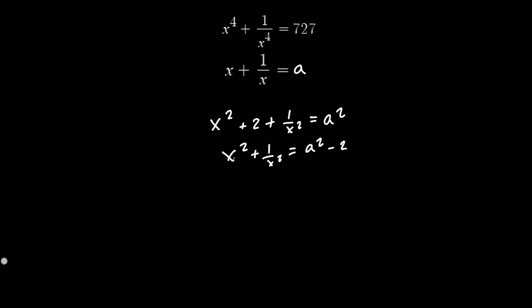Now that we have x squared plus 1 over x squared is equal to a squared minus 2, for x to the 4 plus 1 over x to the 4 is equal to 727.